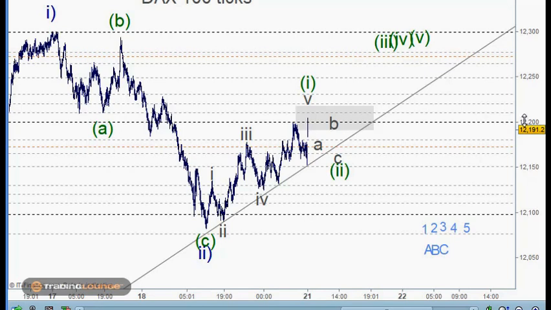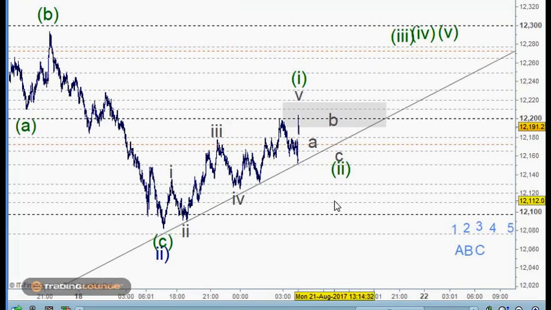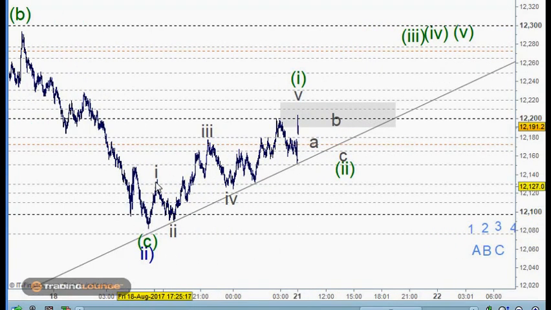So really, you can see the support here, and then failing the next time round. So there's going to be something in this space. In the meantime, I can count this as 1, 2, 3 here, and 4 here, and then 1 and 2. You could count it as 3, 4 and 5 for this wave 5 here, but it counts better as 1 and 2 in here, and 3, 4 and 5 here.